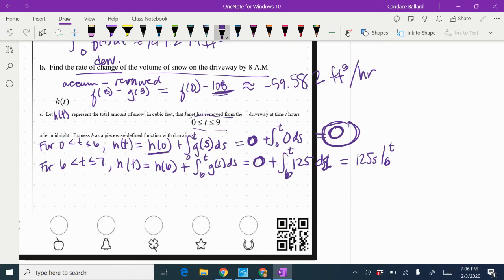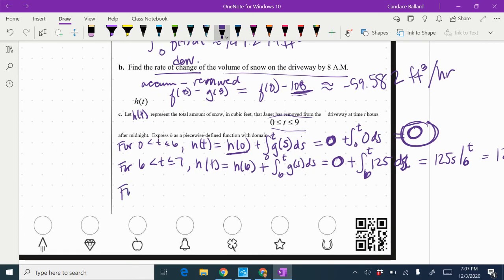When I integrate that, I end up with 125s, plugging in 6 to T. I could just use 125 as a coefficient, and then we have T minus 6. And we could just leave it like that.